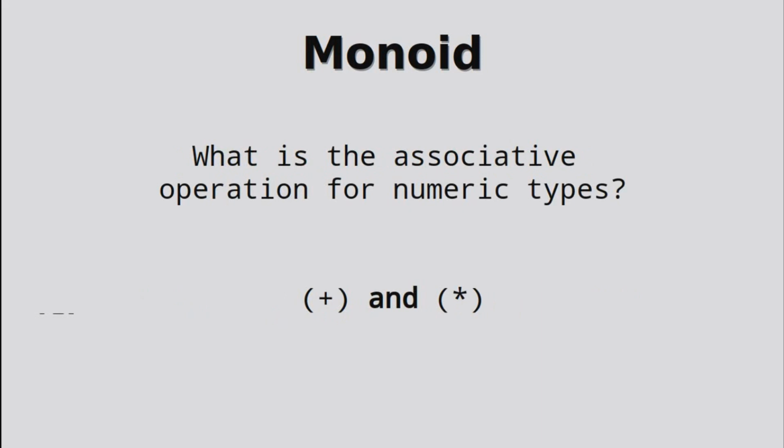Because here we have to ask the question, what is the associative operation for numeric types? And what we will find out is that the addition and the multiplication are associative. So the semigroup that we need to build for ints could be built from addition or multiplication. Well, that's a problem. Because now the question is, what do we choose?